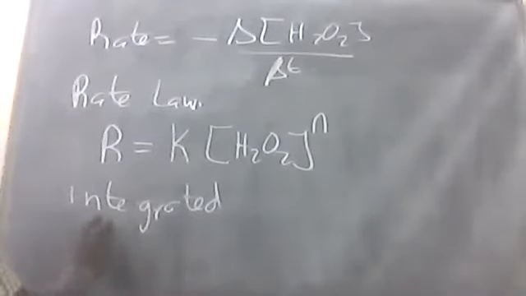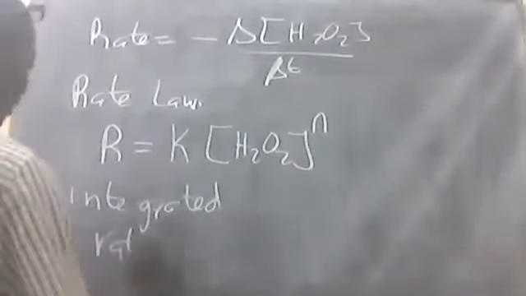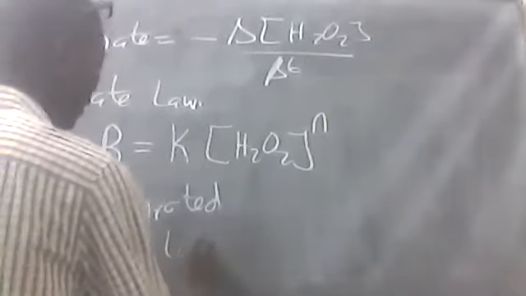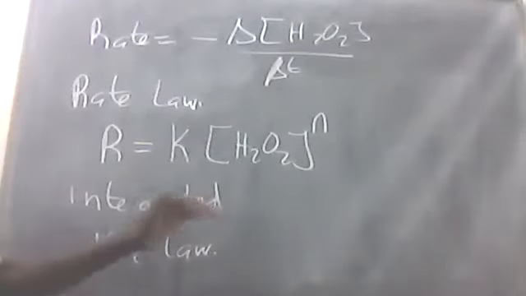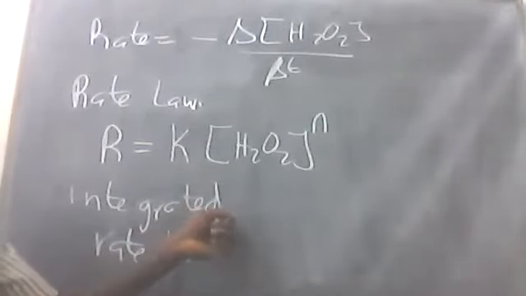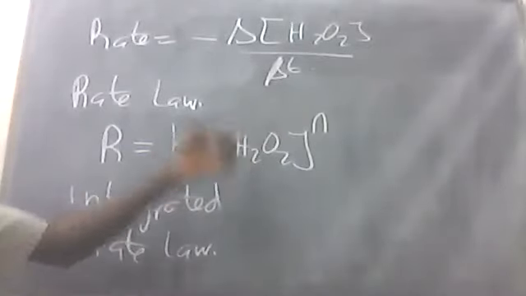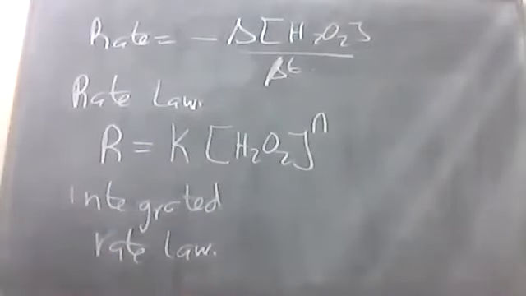So even this one, just like we did for the second equation, just by looking at the values, we cannot tell whether the integrated rate law we are going to write for peroxide is zero order, first order, or second order. We cannot just tell by looking at the values.